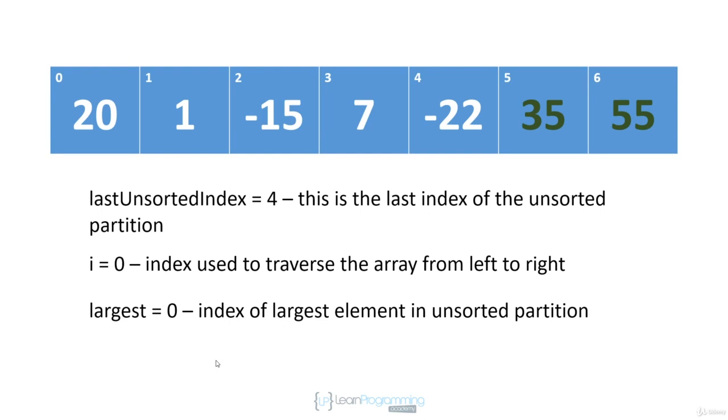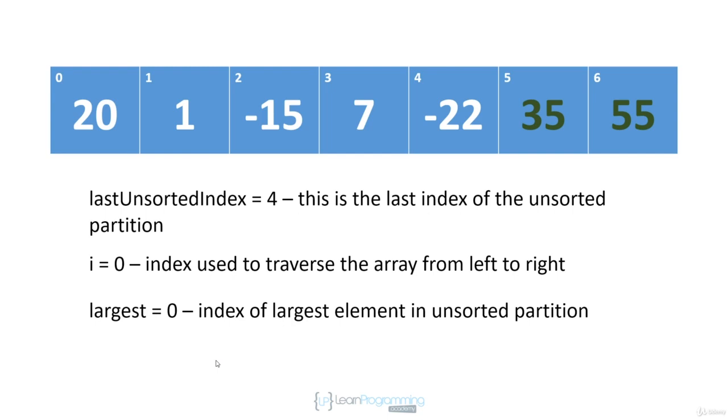And we would reinitialize largest to 0, and that should be a 1. We should reinitialize I to 1. And we're just going to repeat the process. You know, we're going to compare a 1 to 20, largest is going to remain 0, etc., until the entire array is sorted.